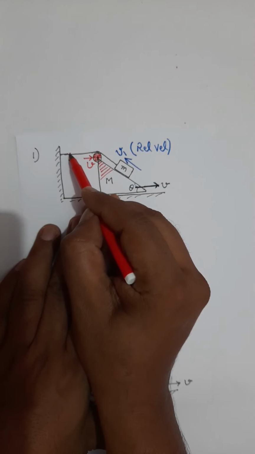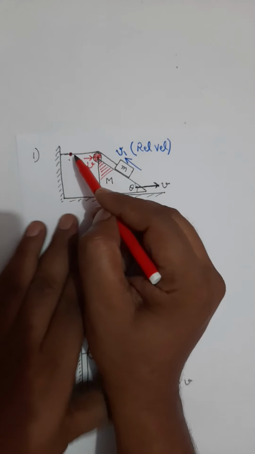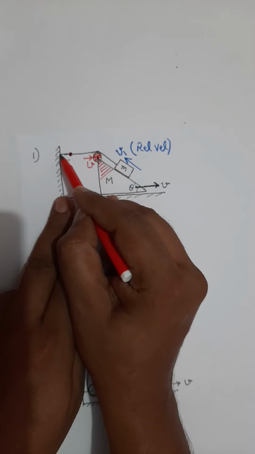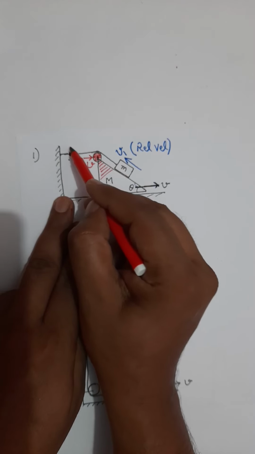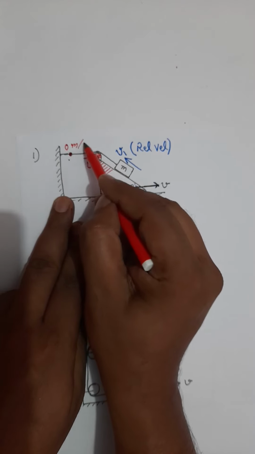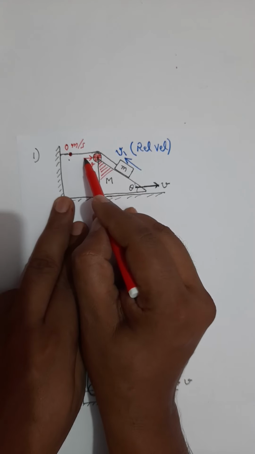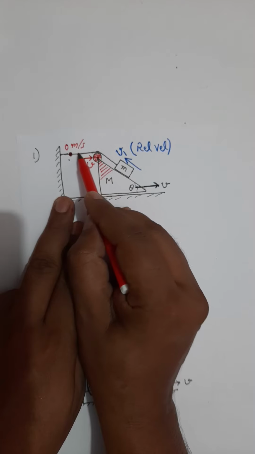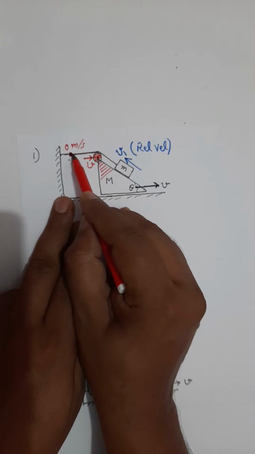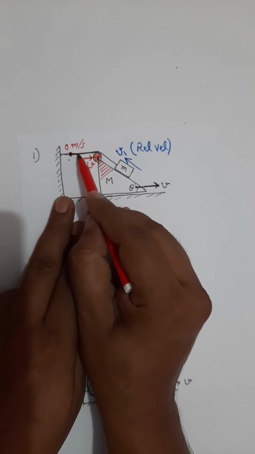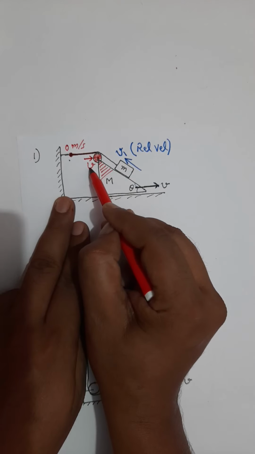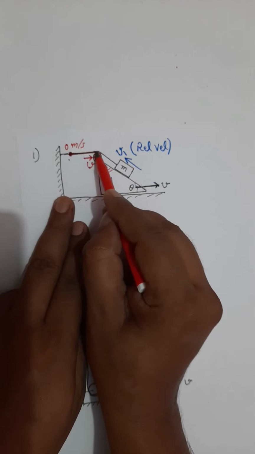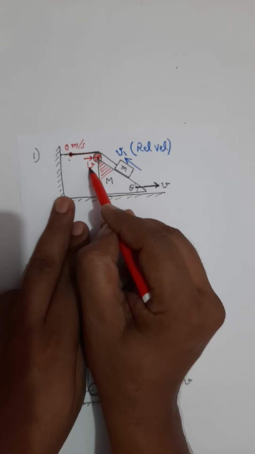Whereas here the point of string is attached to the wall. It is at rest. It is 0 meter per second. So if the pulley goes forward and this point remains at rest, this portion of string increases at the rate of V meter per second. This length will increase at the rate of V meter per second.